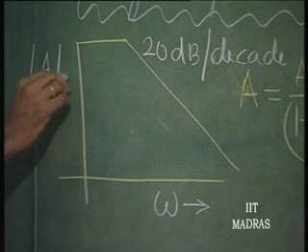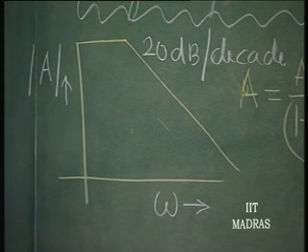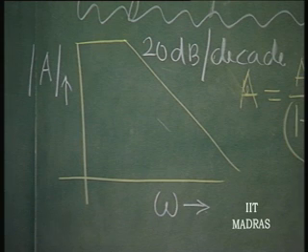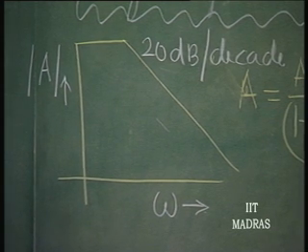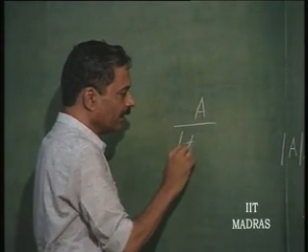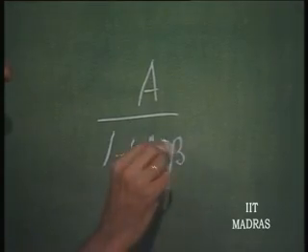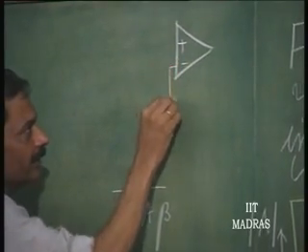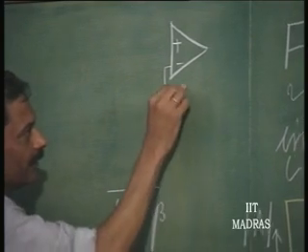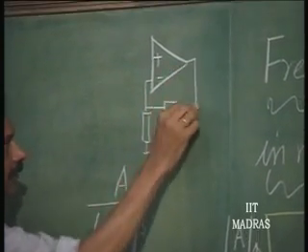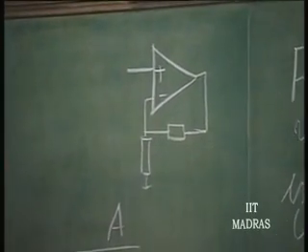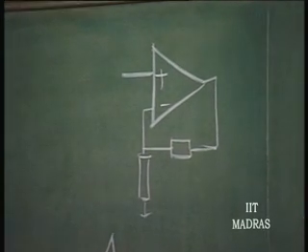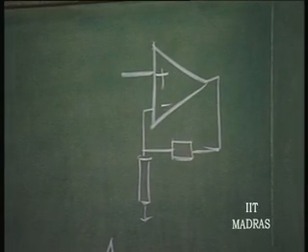Now, if I use negative feedback, what happens? We have seen that gain becomes A by 1 plus A beta, for a voltage controlled voltage source with feedback, because that is what makes the voltage controlled voltage source go towards its idealization.